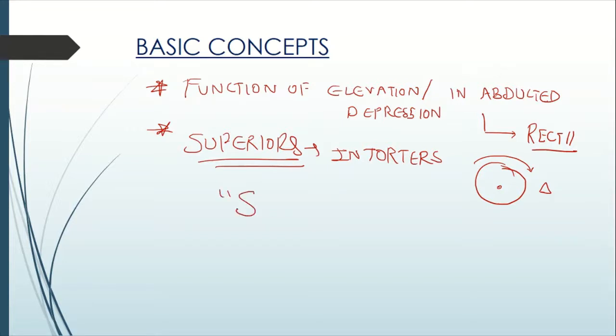You can remember it with the mnemonic SIN: superiors intort. If I ask who are the intorters of the left eye, it would be the left superior rectus and left superior oblique. The extorters of the left eye are the left inferior oblique and left inferior rectus. These two concepts and everything is sorted out.